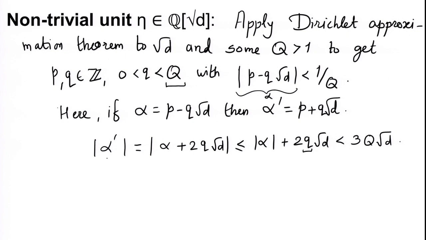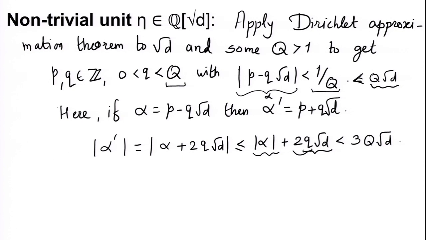So, mod of alpha prime is less than or equal to mod alpha plus 2q root d. Now, 2q root d is strictly less than 2 capital Q root d, and mod alpha, which is less than 1 upon Q, is certainly less than or equal to q root d, because q root d is something which is bigger than 1 and this is something less than 1.